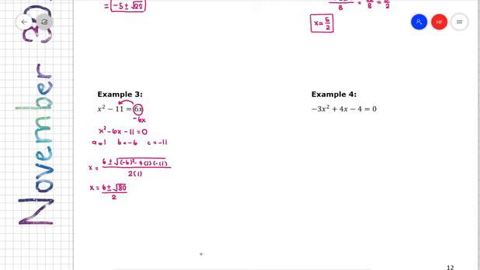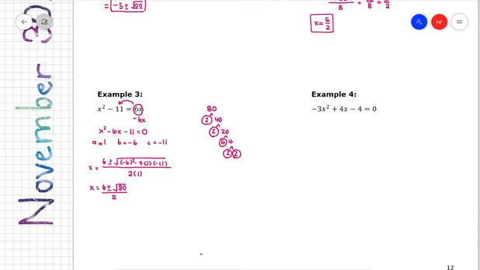So I'm going to simplify that radical. 80 is 2 times 40, which is 2 times 20, which is 5 times 4, which is 2 times 2. So 2, 2, 5, 2, and 2.